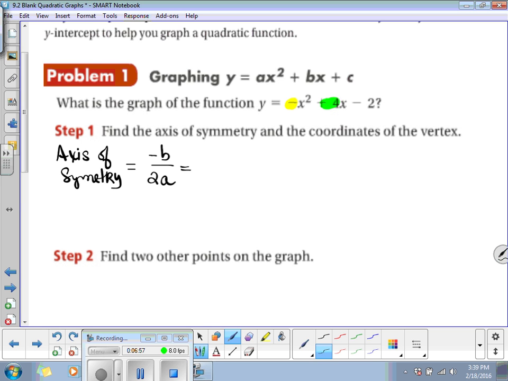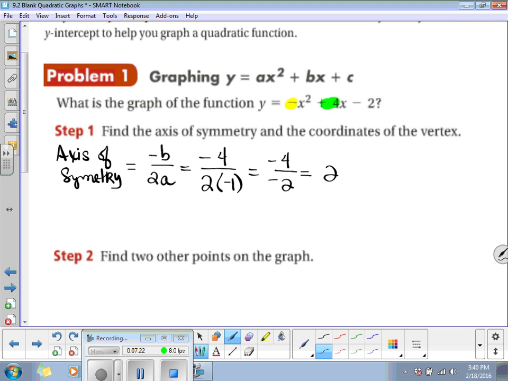So now, we substitute in. So we've got negative 4 over 2 times a negative 1. And then we can simplify that to a negative 4 over negative 2, which gives us positive 2. That is your axis of symmetry.